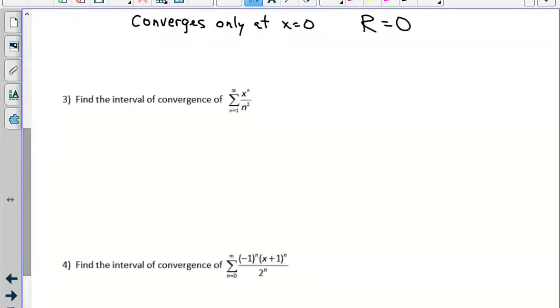Problem 3. Find the interval of convergence of the sum from n equals 1 to infinity of x to the n over n squared. So the first thing I'm going to do is the ratio test, because the ratio test works a whole lot for this.